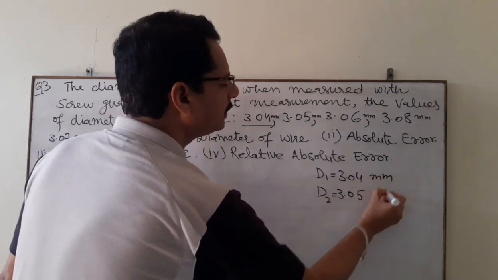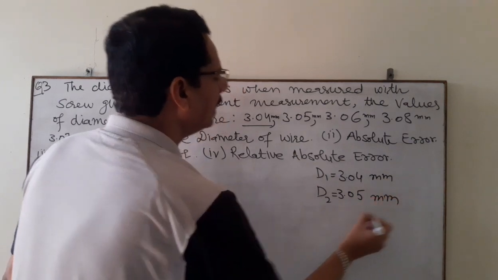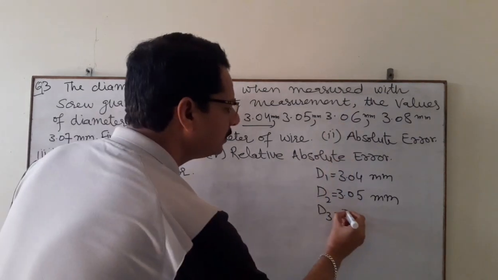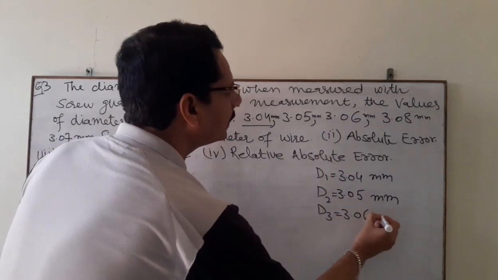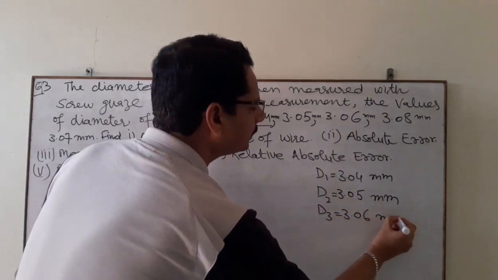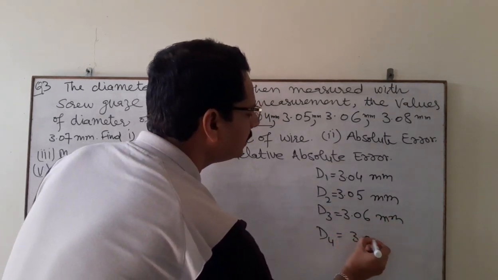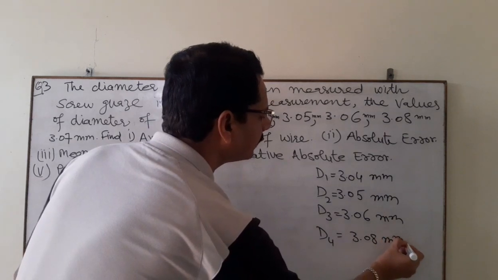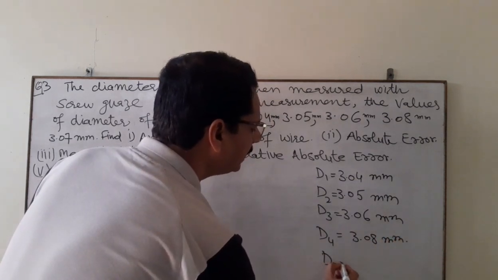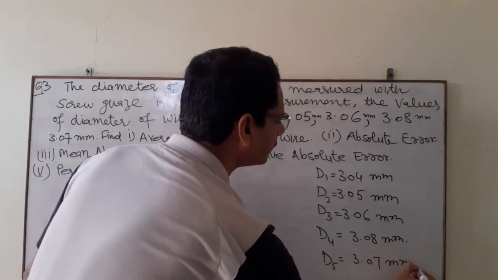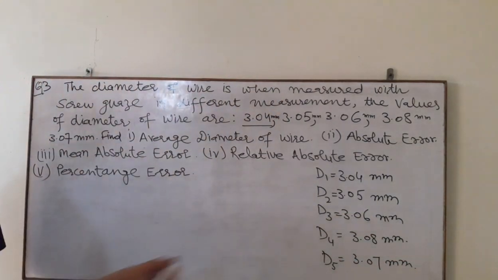Here we have to write their units as well, mm. D3 I have 3.06 mm, and then D4 I have 3.08 mm, D5 I have 3.07 mm. Is that clear to all of you? Please note it down.